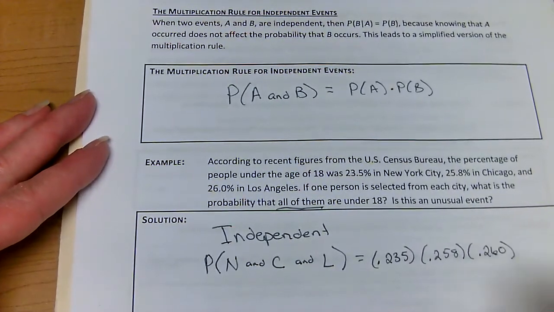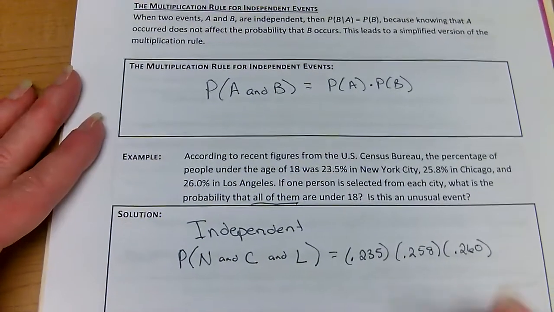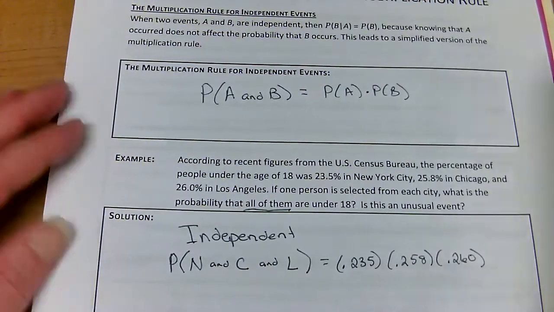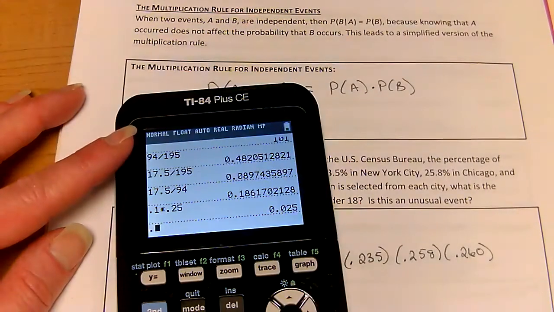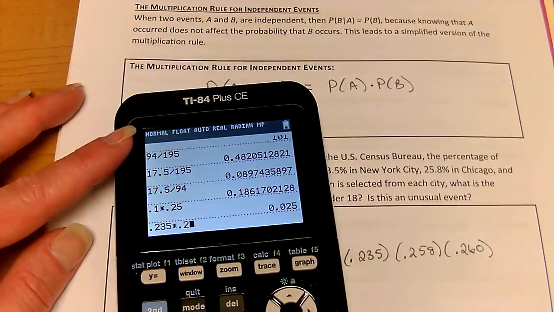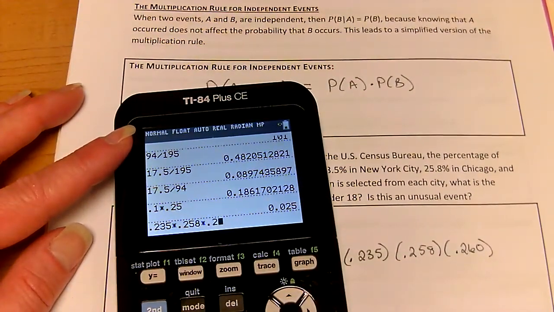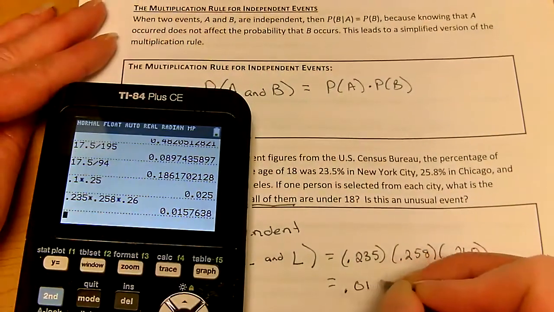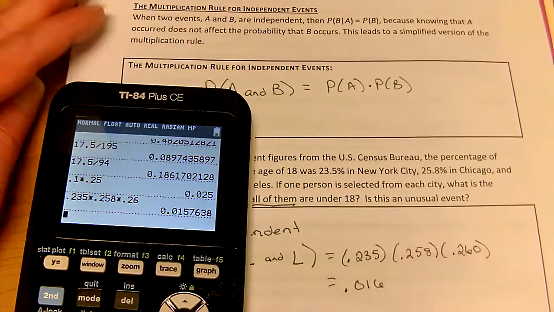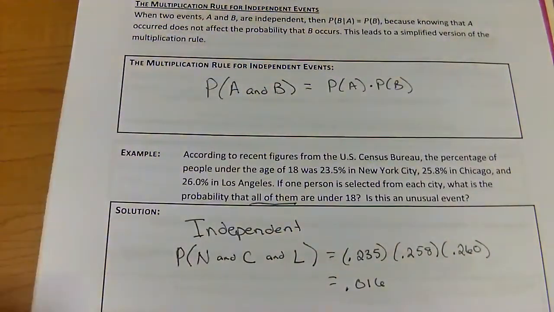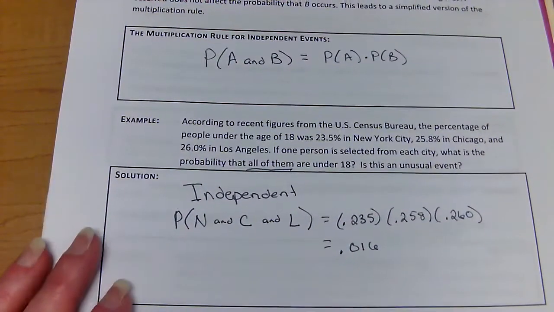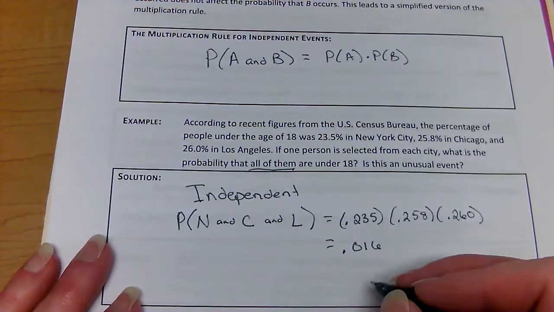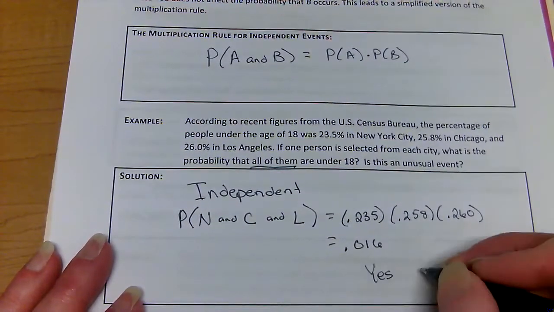So this is the probability that all three people are under the age of 18. I got 0.016 basically. Is this an unusual event? Well, yes, that's lower than 0.5. Yes, this would be unusual.